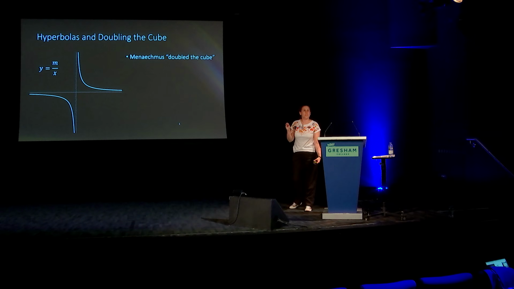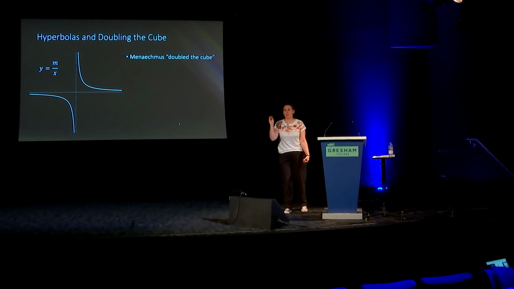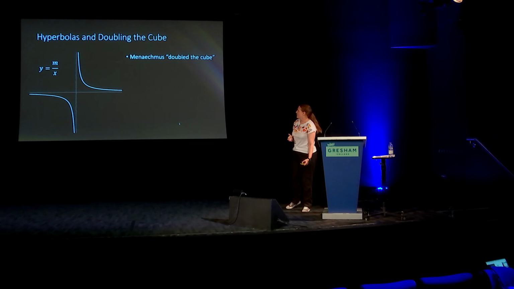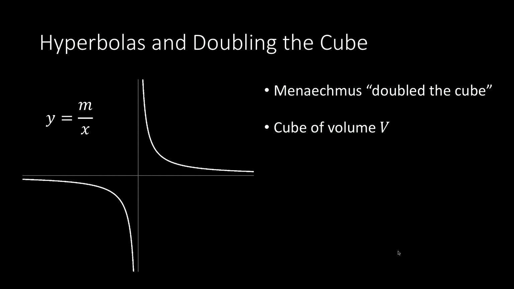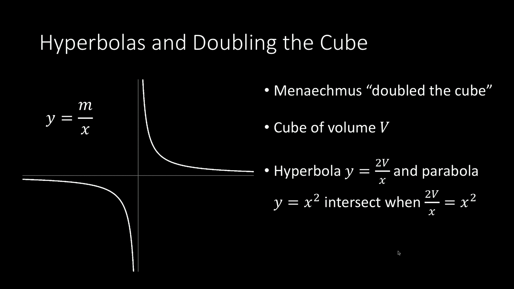If you slightly expand what you allow, so you allow not just circles but conics, let's see what we can see. So take a cube of volume V. I'm going to find the intersection between 2 conics, carefully chosen. One of them is the hyperbola, y equals 2v over x, and the other one is our favourite parabola, y equals x squared.